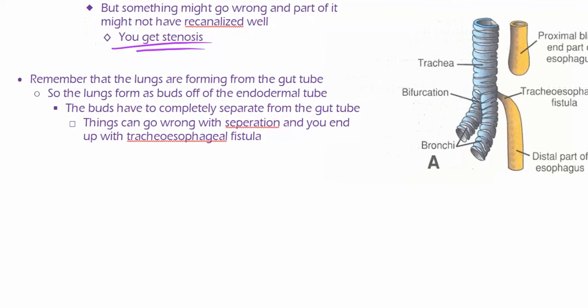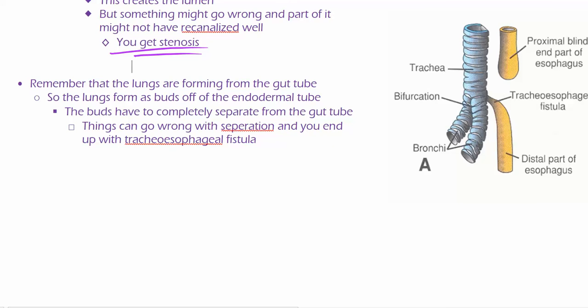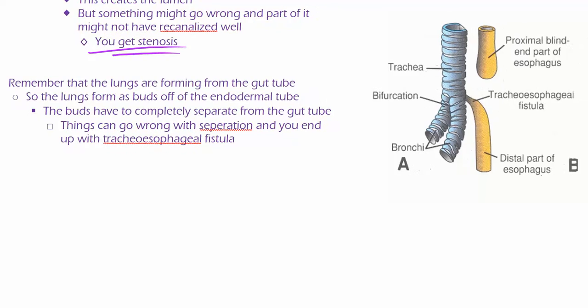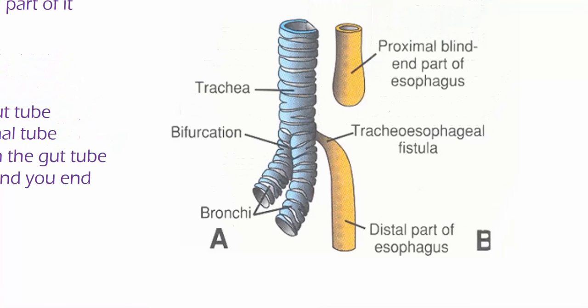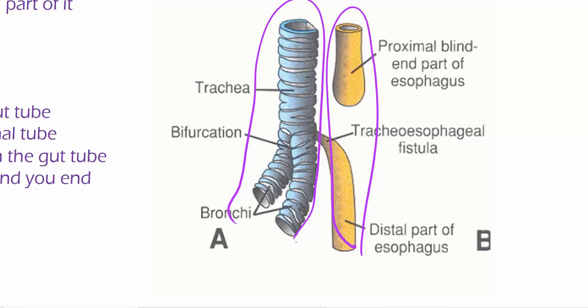And then remember that the lungs are forming from what? From the lung bud. That's right, the lung bud coming off the gut tube. So the lung bud has to pinch off of the gut tube. It has to completely separate. But you might have incomplete separation. So this is the gut tube, and this is supposed to be a part of the lungs.